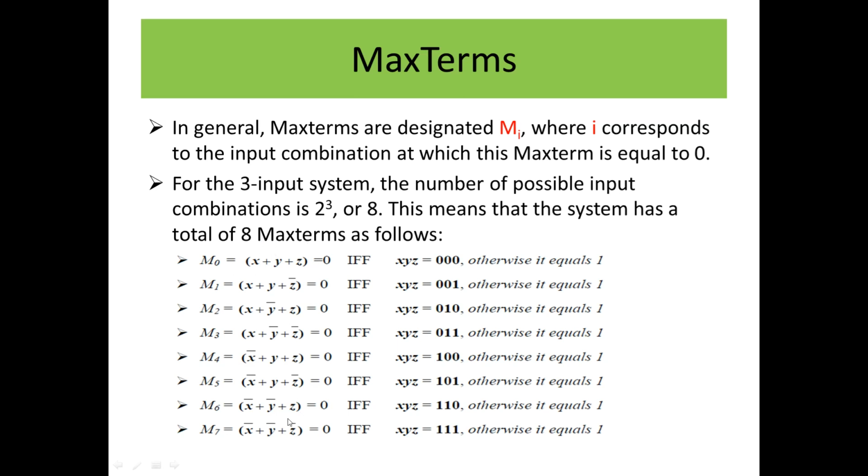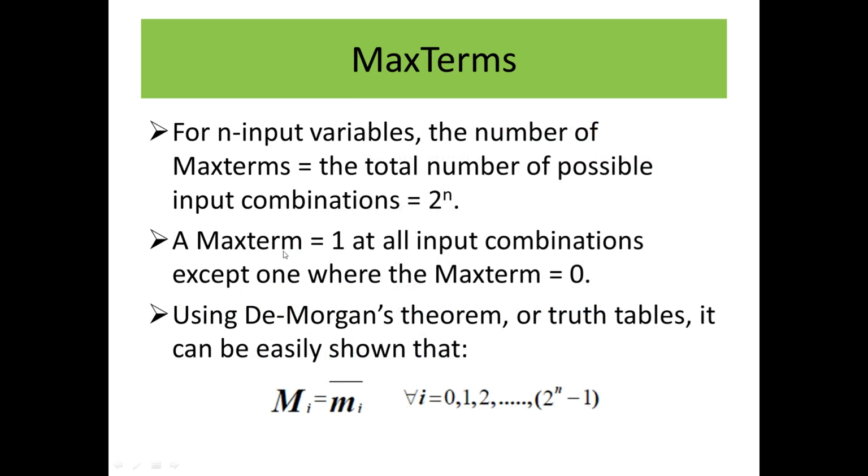These are all Maxterms. Why do we call them Maxterms? The system has 3 variables and all 3 variables are present in each term. For n input variables, the number of Maxterms will be 2 raised to n. That is, for 3 variables, 2 raised to 3, 8 combinations.